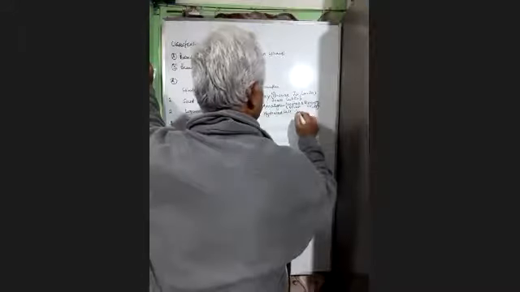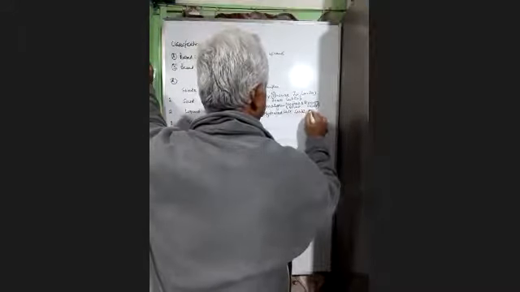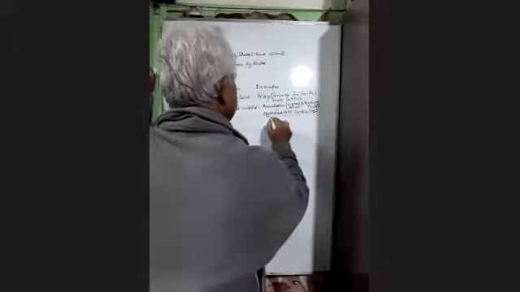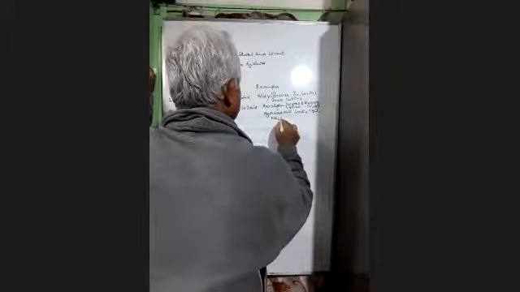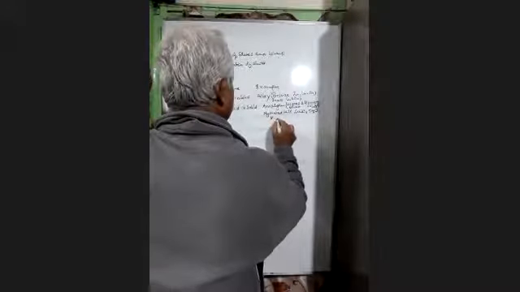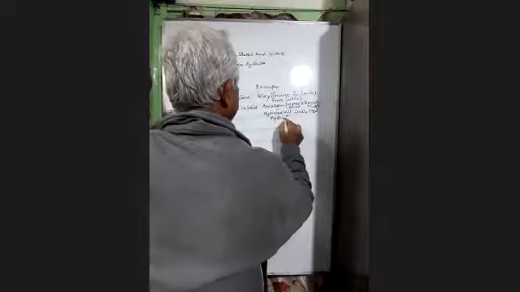What is the formula of Epsom salt? I forgot. Go for a simple one: copper sulfate, blue vitriol. Epsom salt is magnesium sulfate with 7 molecules of water.